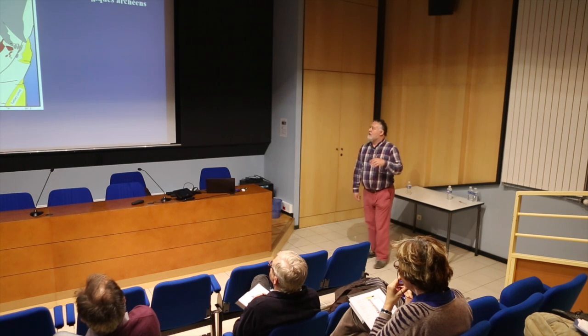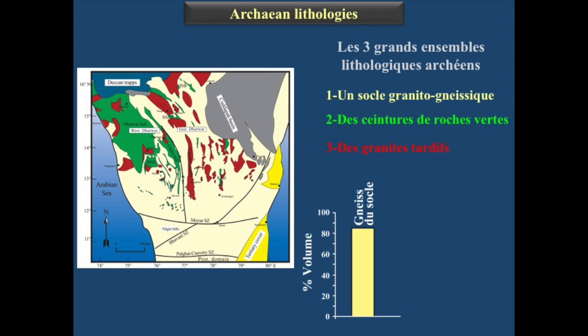Okay, so just in order to summarize, in the Archean crust, we have three main lithologies, three main components, and the more important are the granitogneiss from the basement, and after we have the greenstone, and of course the late granite.